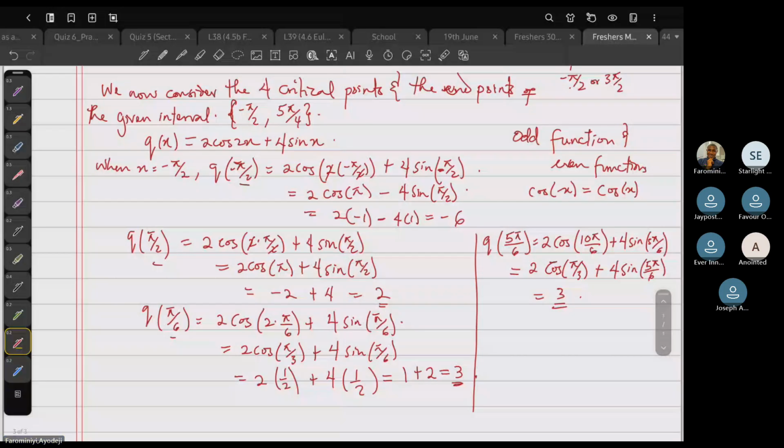Yeah. So then the last one, Q of 5 pi over 4. This is the only one that would not want to go smoothly. But this is 2 cosine of 5 pi over 2 plus 4 sine 5 pi over 4.